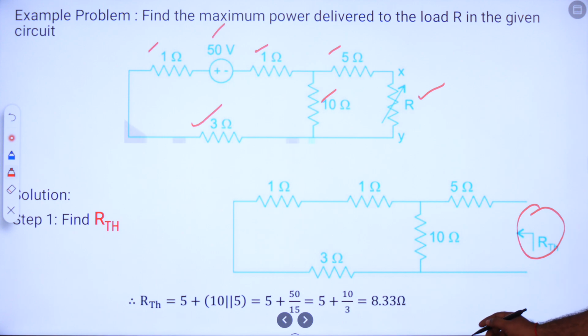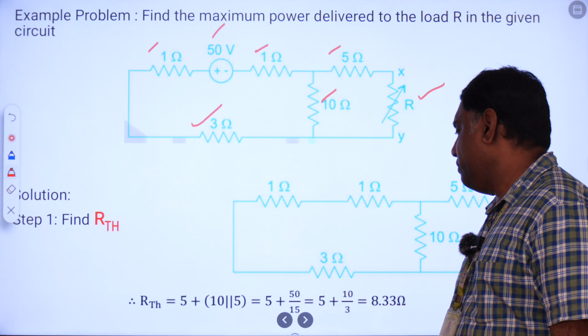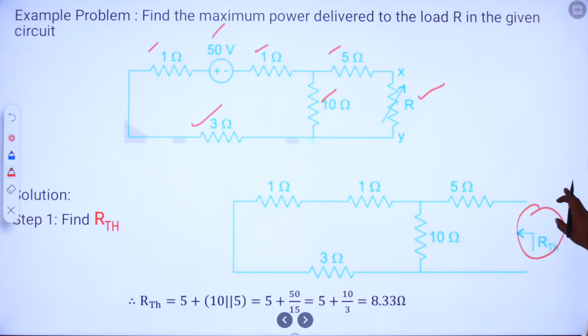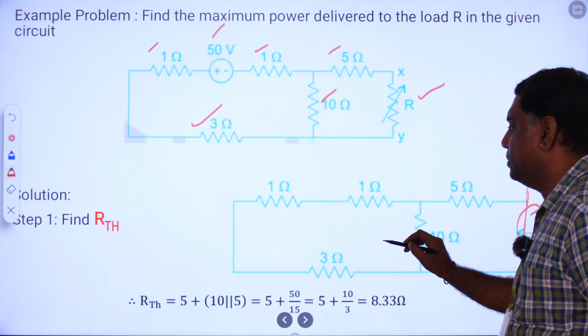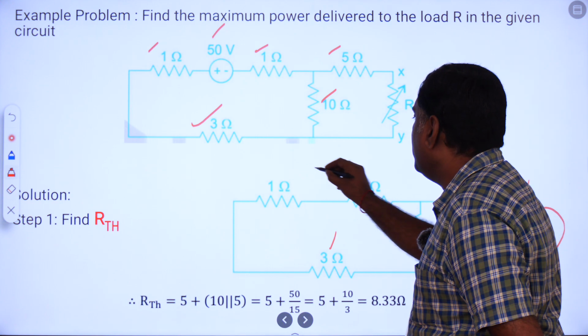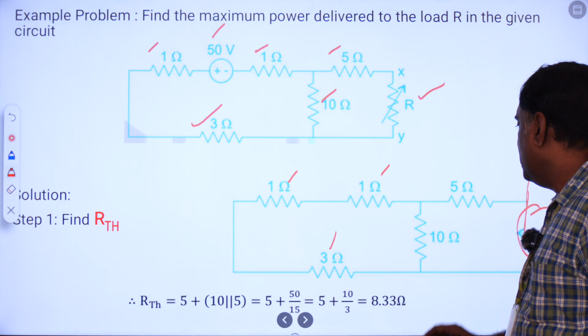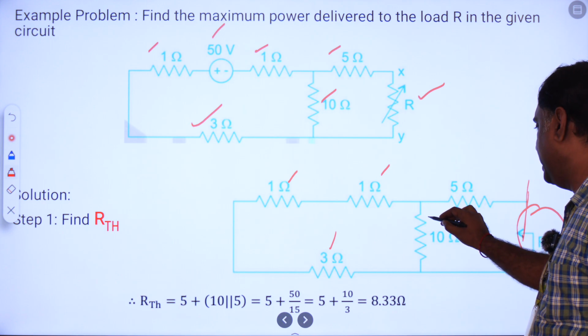Then we have to find the R Thevenin value. We have to remove the load resistance and find the R Thevenin value as viewed from the removed load terminal point. So from here if you calculate the R Thevenin, first these resistances are connected in series: 3 and 1 and 1 makes 5 ohms, which is connected in parallel with the 10 ohms.